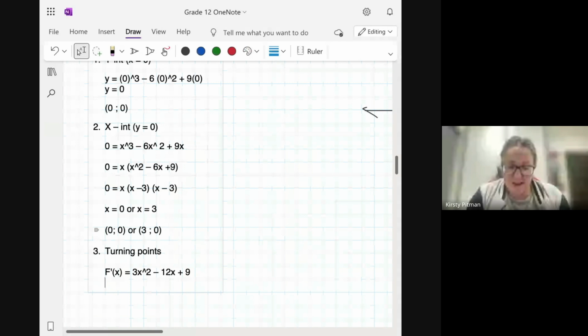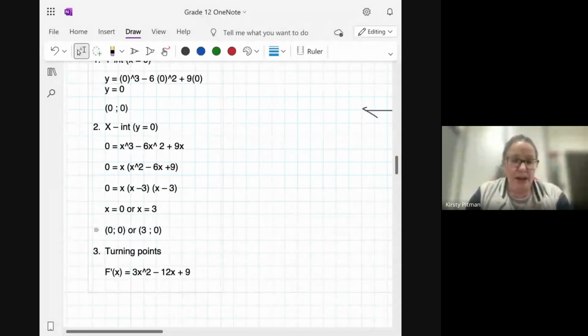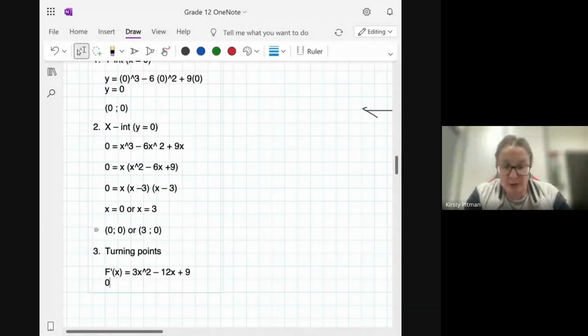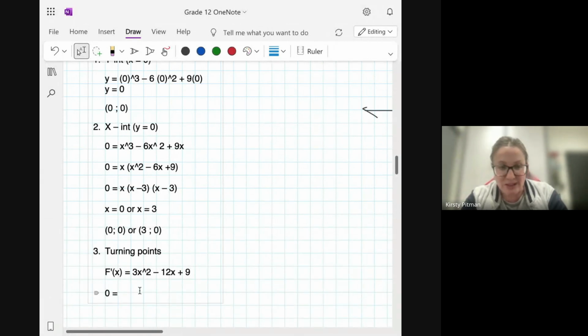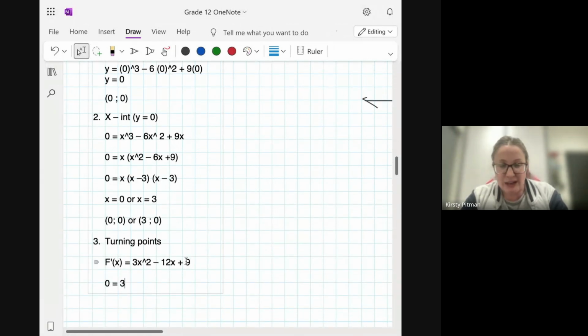Okay, so now we're going to make our derivative equal to 0. So 0 equals, and while I'm at it, I'm just going to take out my common factor. I see a common factor of 3. I know I'm going to have 2 brackets, but I'm going to do that step by step. So x to the power of 2 minus 4x plus 3.